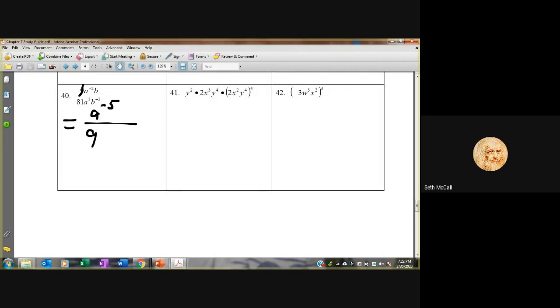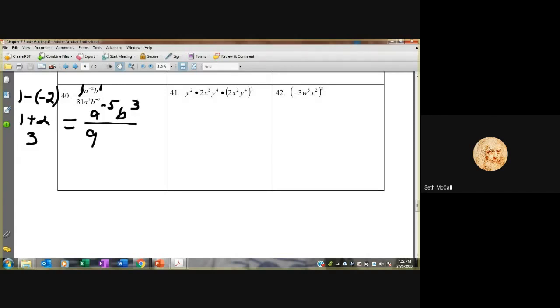And then we have b to the first on the top, and we have b to the negative 2 on the bottom. 1 minus negative 2, here, I'm going to show you, 1 minus negative 2 becomes 1 plus 2, which is actually 3. So this becomes b to the third.